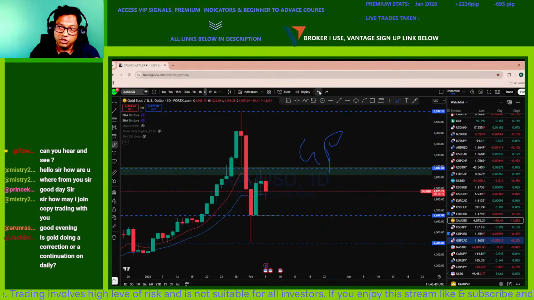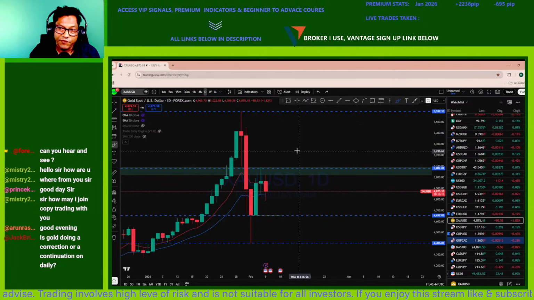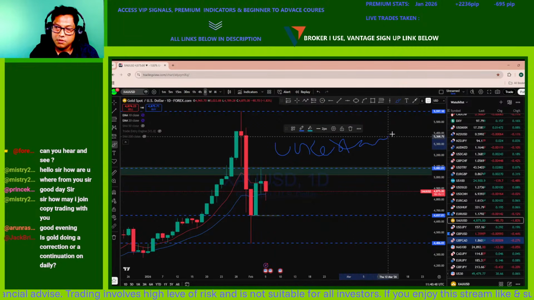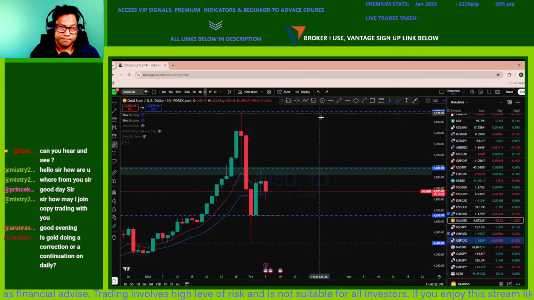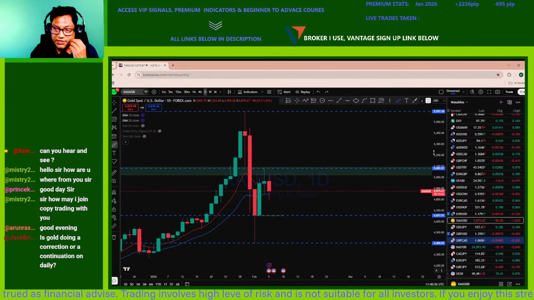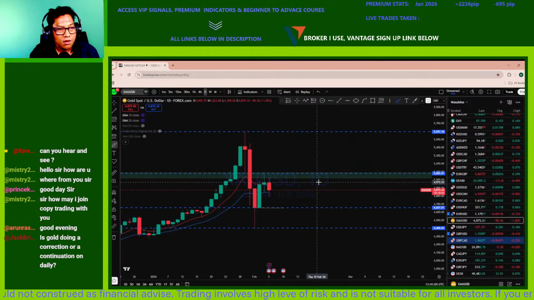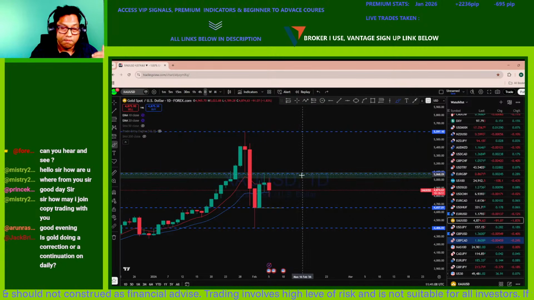That is the geopolitical factors, and that is very uncertain. Now if you look at XAUUSD, technically it's bullish. Fundamentally, so far, it's still bullish. But there is still a chance for it to be bearish as well.